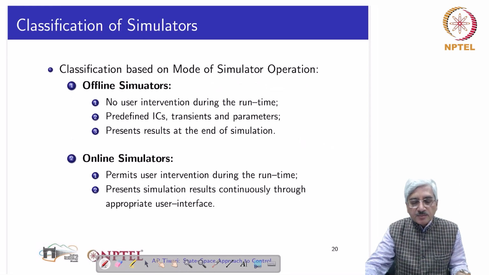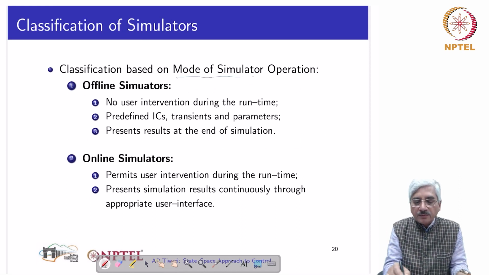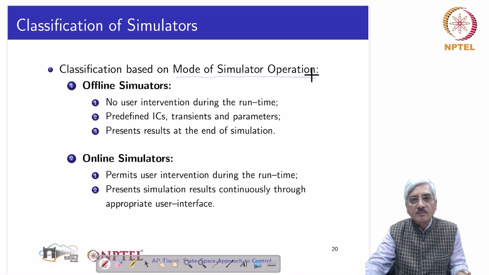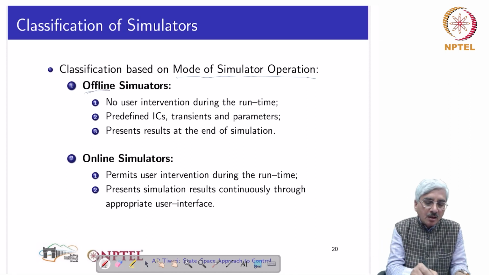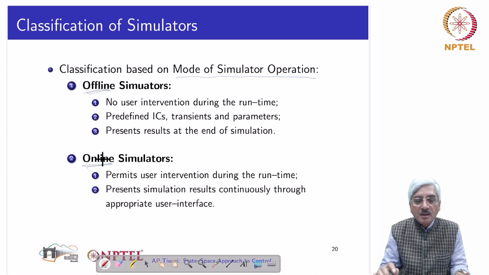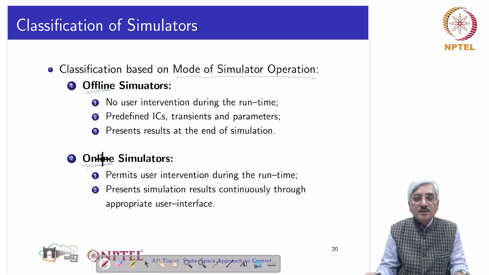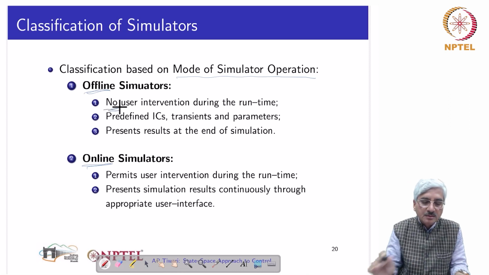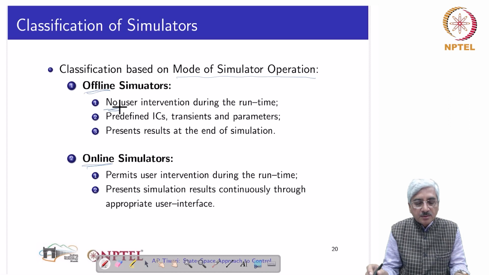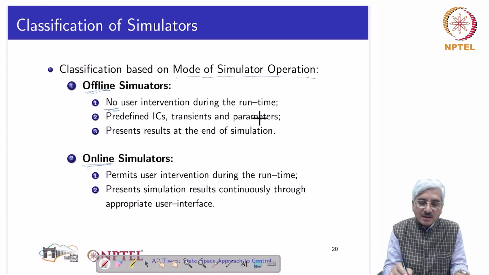One more classification is possible based on the mode of simulator operation. The simulator can operate in offline mode or it can operate in online mode. So in offline simulators, user intervention during the runtime is not possible. It works with predefined initial conditions, transients and parameters which are generally hard-coded in the system.